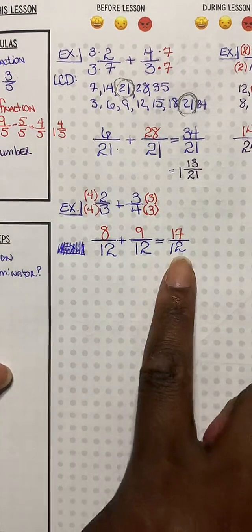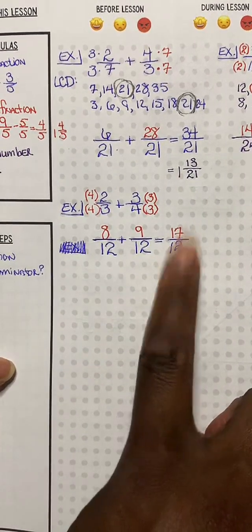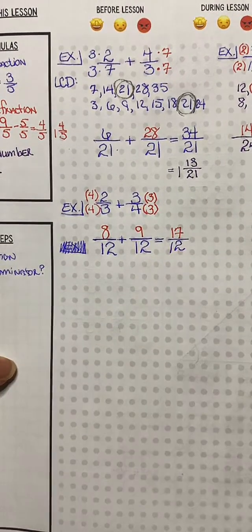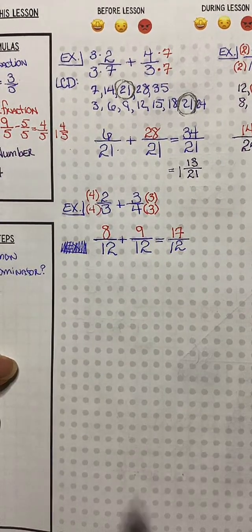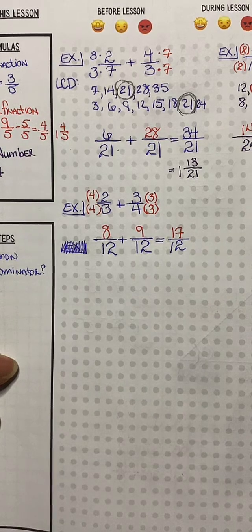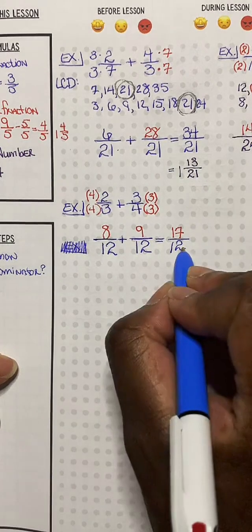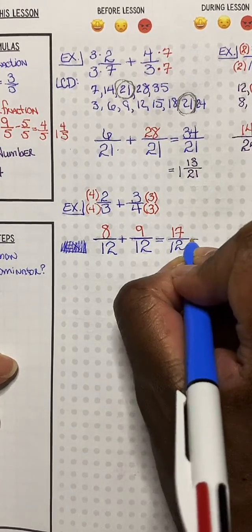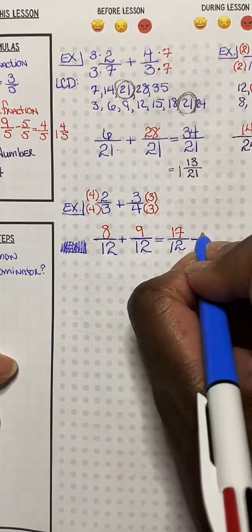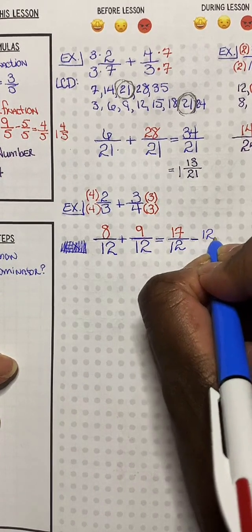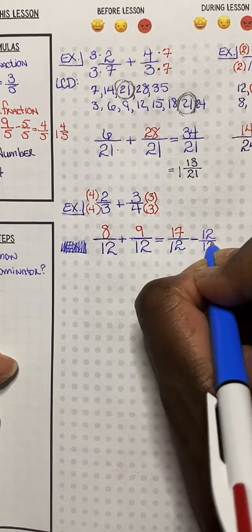Okay? So, here we go. We got an improper fraction. I know some of you guys like to take it out of the improper fraction. It's okay. So that means we have a denominator of 12. So we want to pull that one whole out. So that will be 12 over 12.